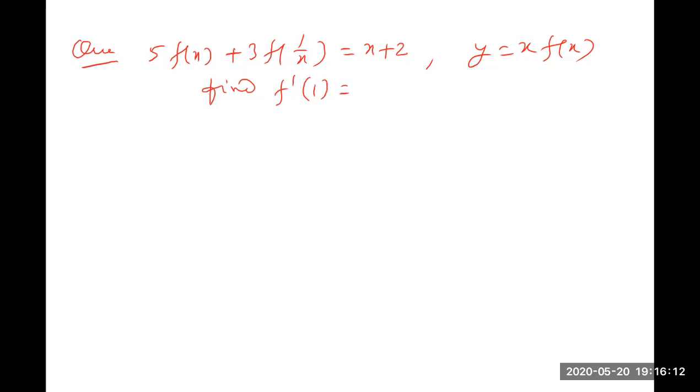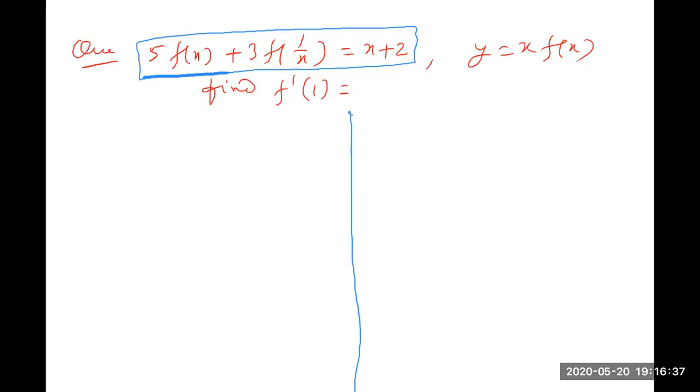So in this, the main problem is, here fx is not given. What is the fx? Only functional equation is given. This equation is given. From this functional equation, I must calculate fx. So here, what is the equation given?